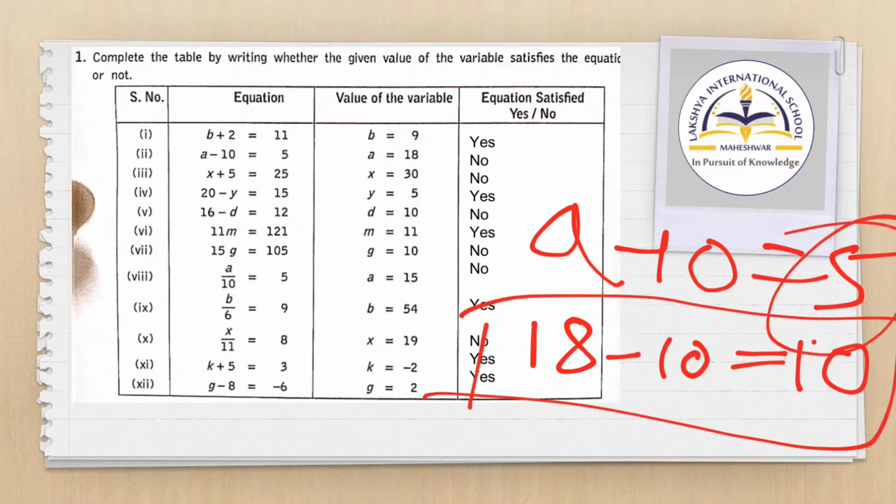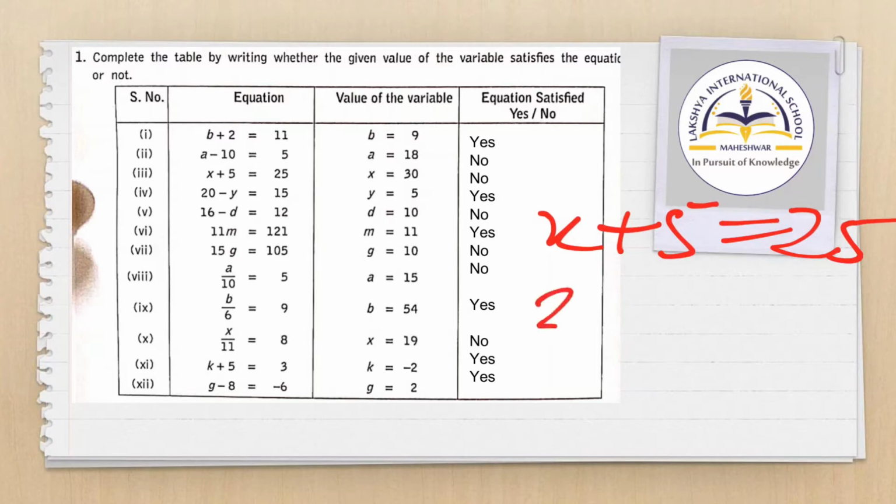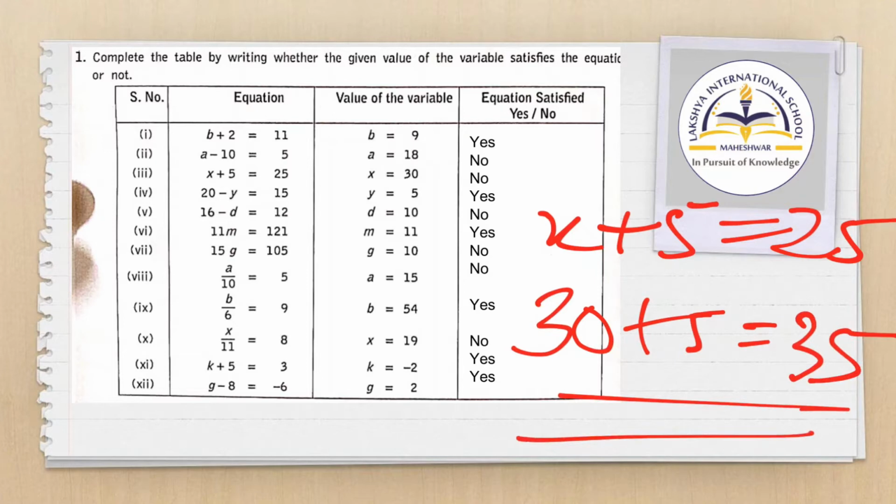So this condition is not satisfied, so the answer will be no. Now third one, x plus 5 equals 25. Now x is 30, 30 plus 5, the answer will be 35. This condition is not satisfied, the answer will be no.